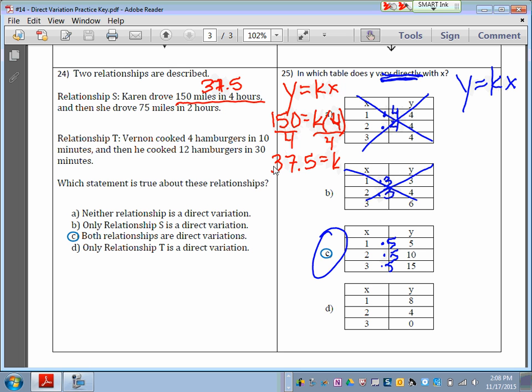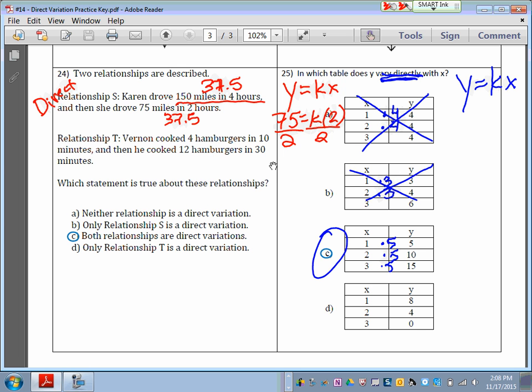Let's see if it's the same here. 75 miles in 2 hours, divided by 2. 75 divided by 2 is indeed 37.5. So we're multiplying by the same number both times, so I know that this is a direct variation.